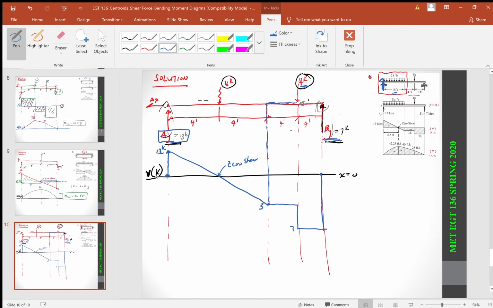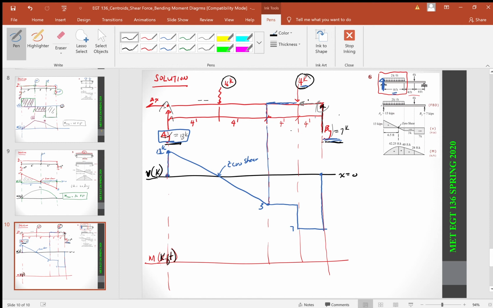Okay, so now we want to draw our moment diagram, in kip feet. Let me write this in another color, kip feet.